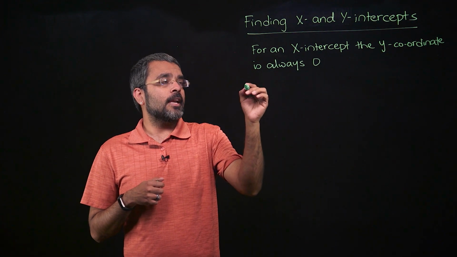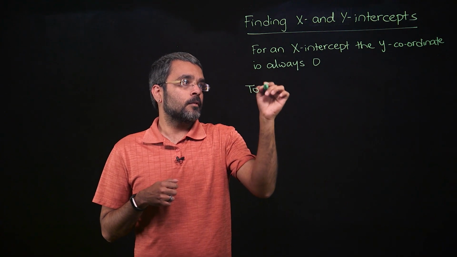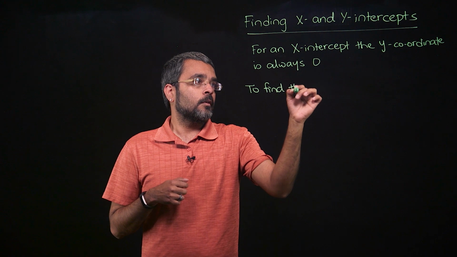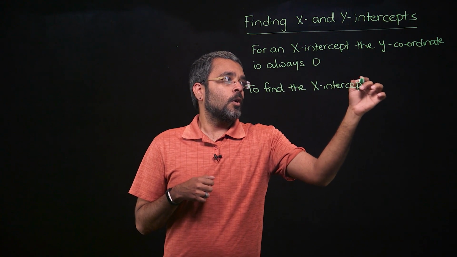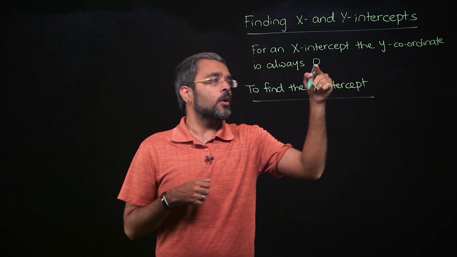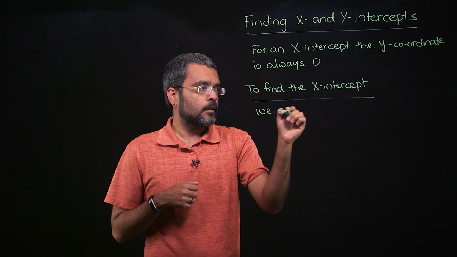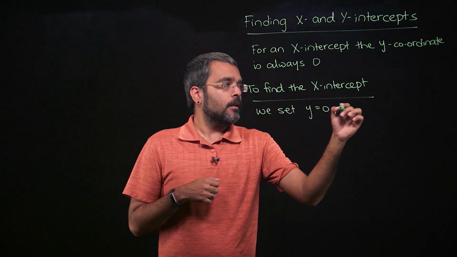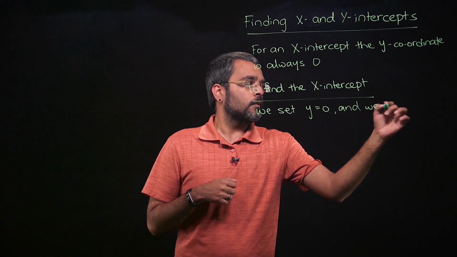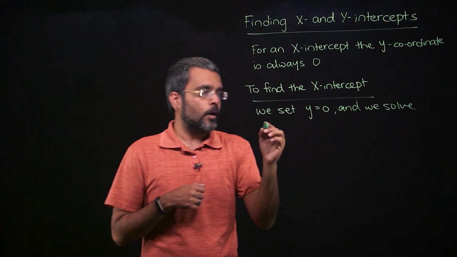So to find the x-intercept, what we do is, since we know this, we set y equal to 0, okay, and we solve the equation for x.